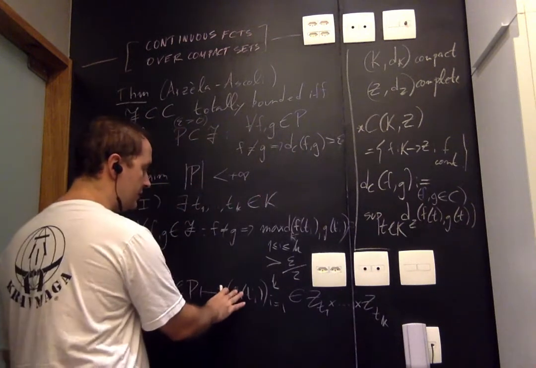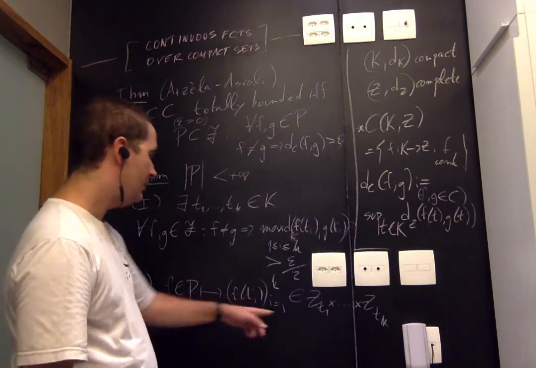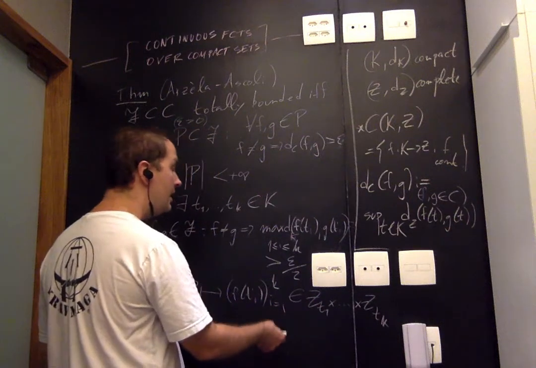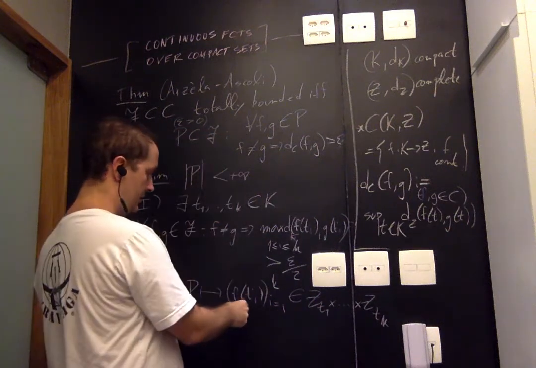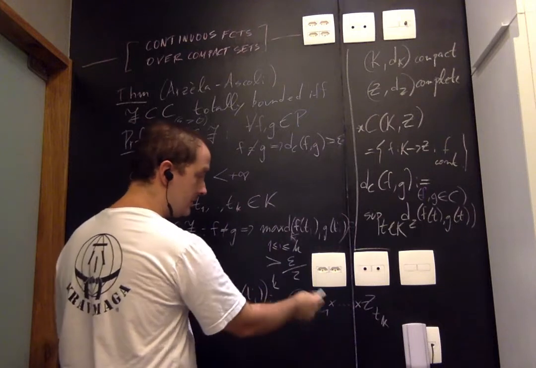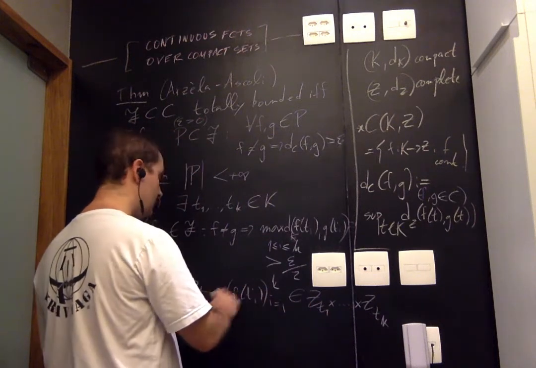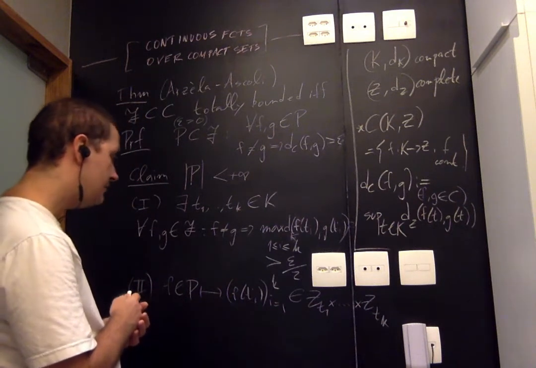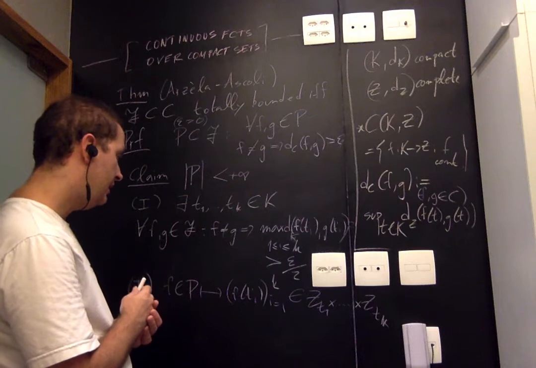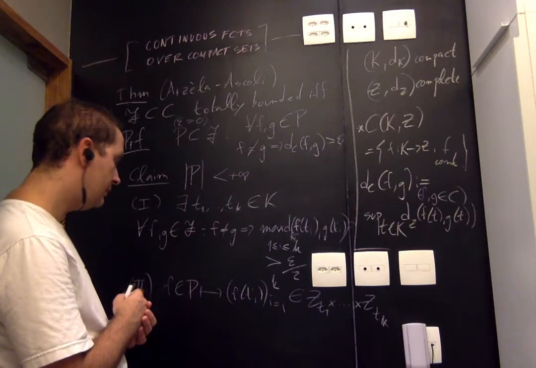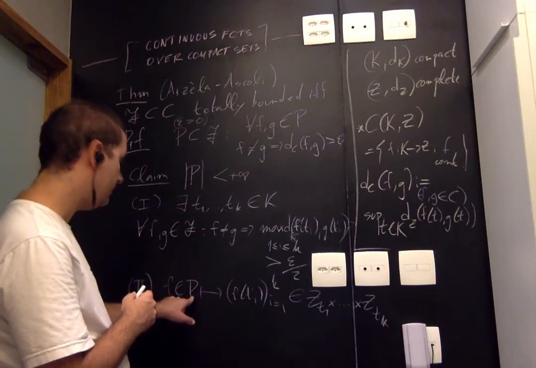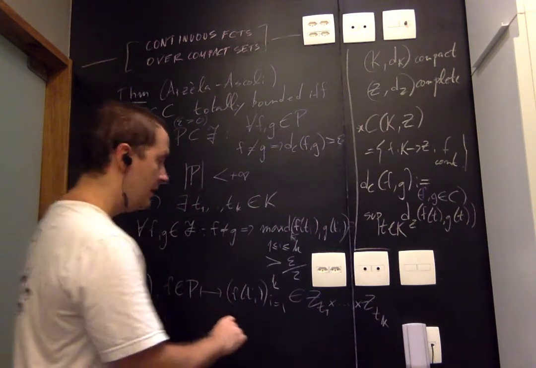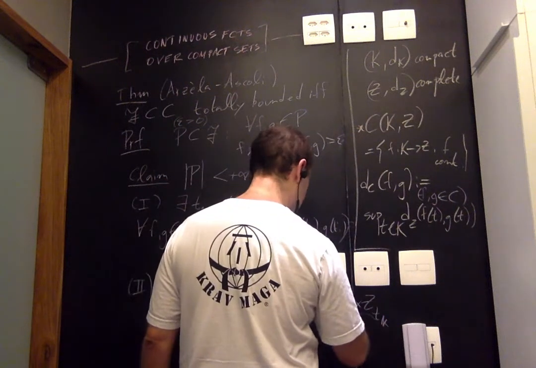The first coordinate of this vector is an element of what set? This is the set of the values of f of t1 as f ranges over our family. So the value of f(t1) belongs to Z_t1, the value of f(t2) belongs to Z_t2, etc. This is a mapping that takes an element of the family, a function, and maps it to a vector in this space. And we're going to argue that this is totally bounded.